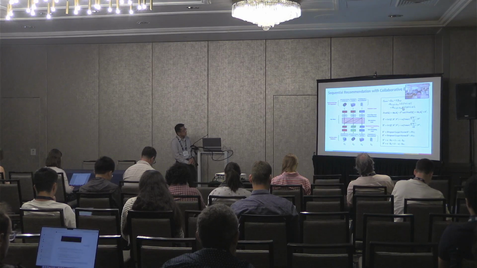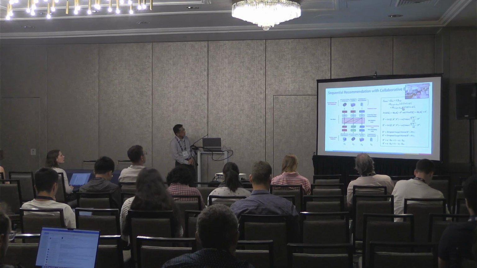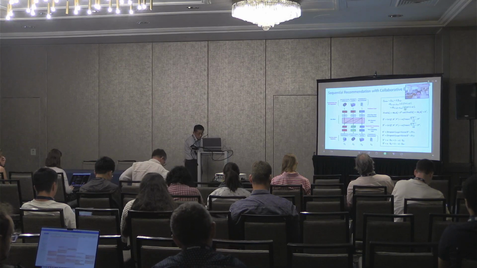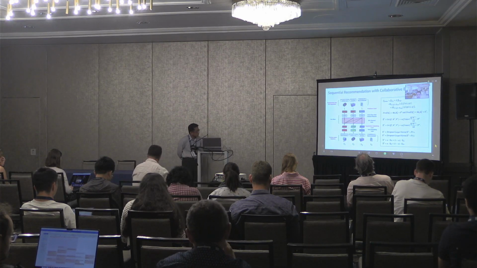Then a self-attention mechanism with dot product between these sequences is employed to deduce their relationships. Finally, in the output layer, we predict the item sequence and the most relevant explanations using the contextual understanding from previous layers.